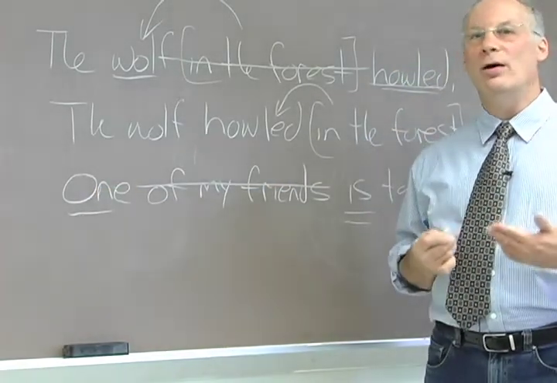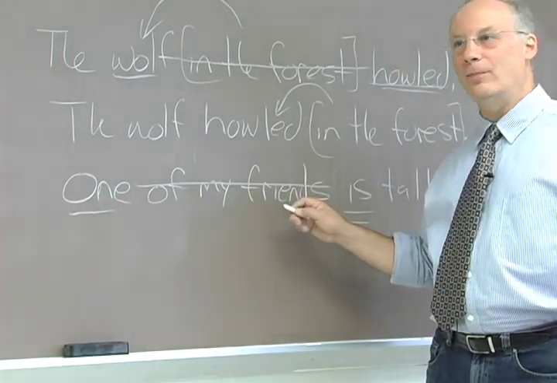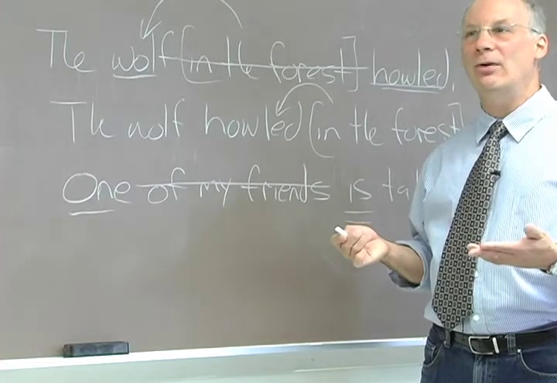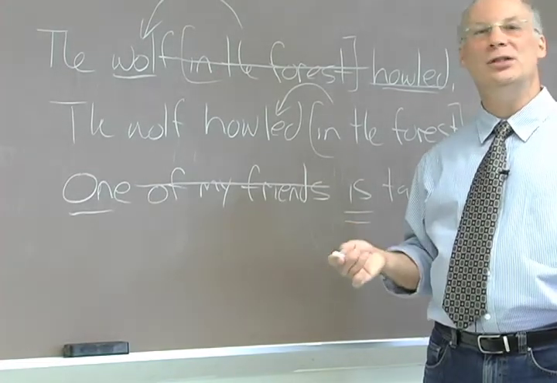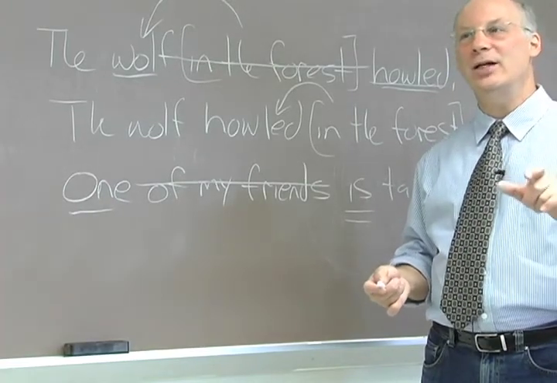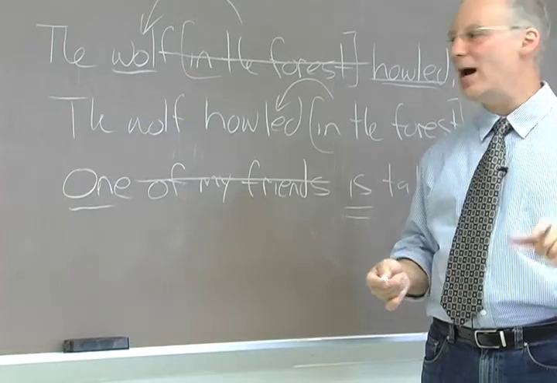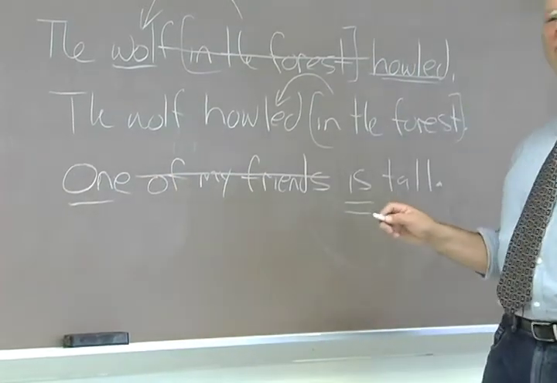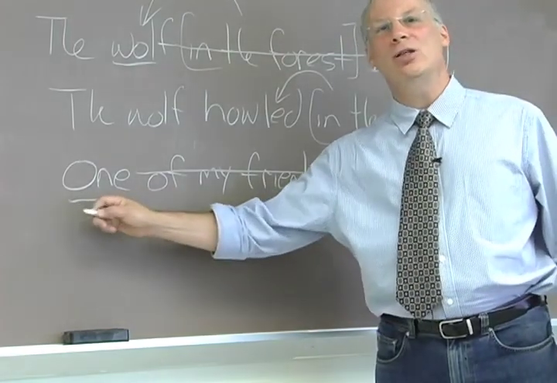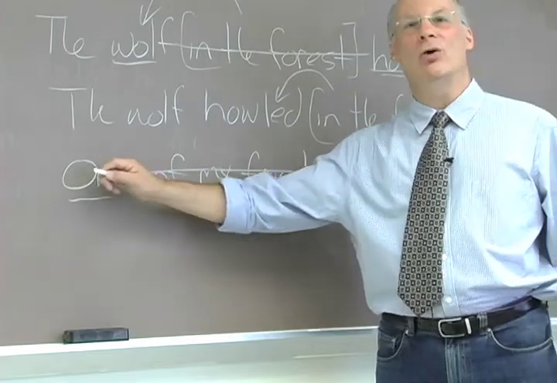But the core of that subject is the word "one." It's not "friends." If I said "The large crowd cheered loudly" and you said the whole subject is "the large crowd," fine. But the core of that subject is not the adjective "large," it's the noun "crowd." Likewise, "one of my friends" could be the subject of this sentence, but "one" is the core of this subject. "Of my friends" is an adjective phrase describing "one."